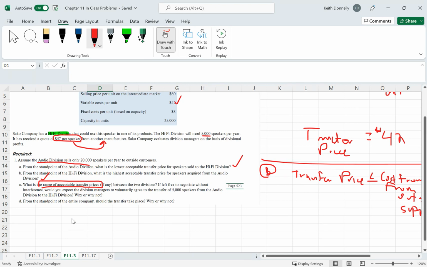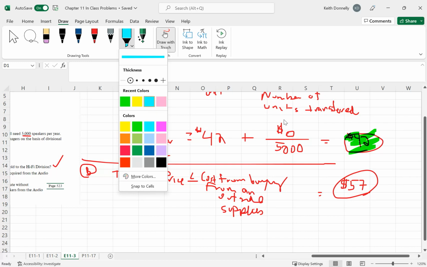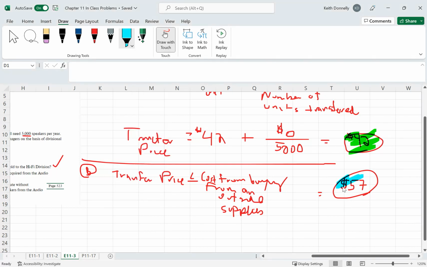Okay, so basically, in this case, what we have to do is combine these two items over here. We have the 42 bucks, which would be the minimum that the seller would be willing to take.